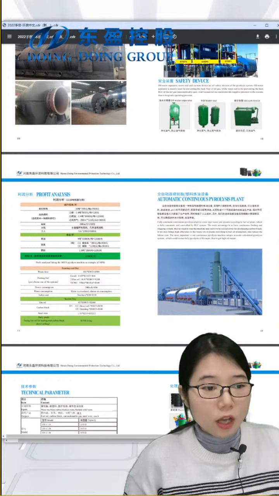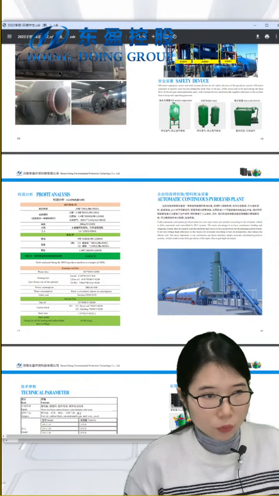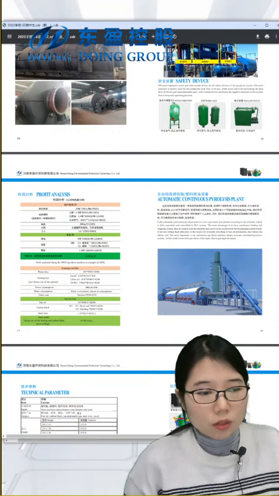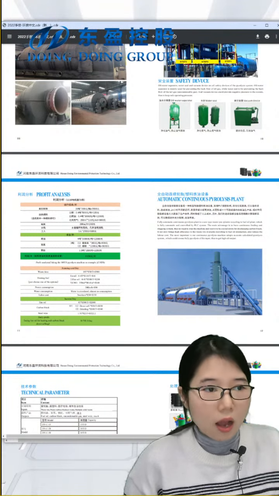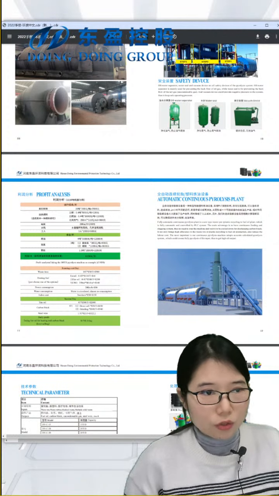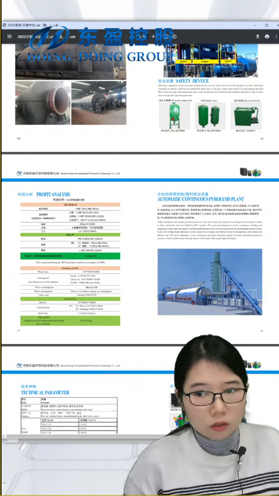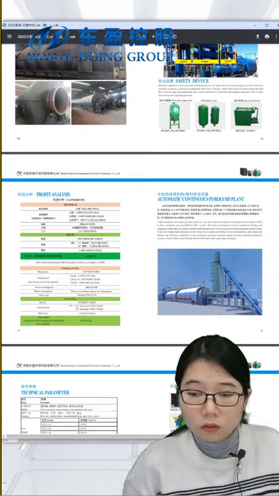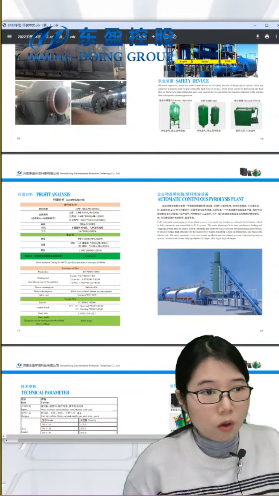So if the customer has raw materials with large capacity, more than about 30 tons per day, I suggest using the continuous pyrolysis machine, which will be more cost effective.